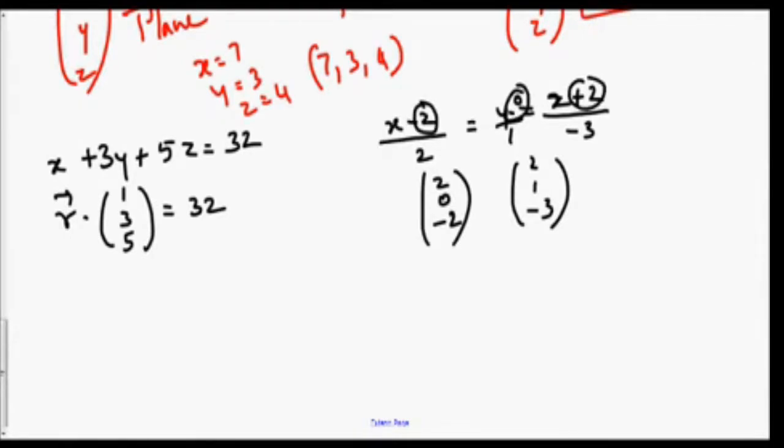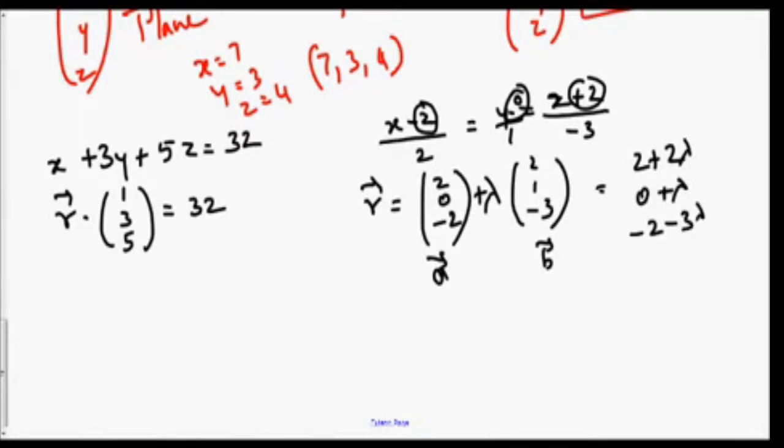So this is vector A and this is vector B. So you need to put lambda and write this as 2 plus 2 lambda, 0 plus lambda, minus 2 minus 3 lambda. So this is the r for the line.